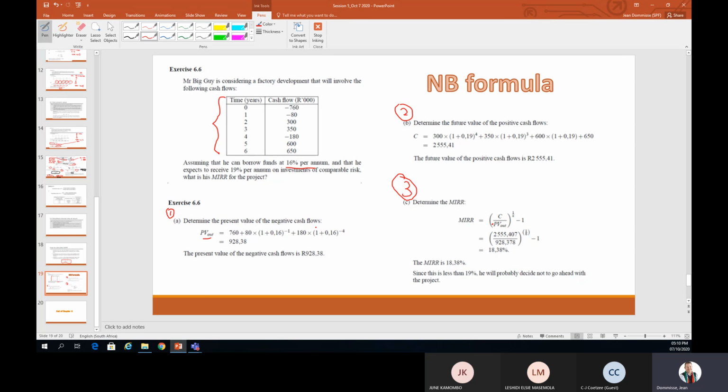Wait, I'm going to try it one more time, because of what the MER does, and I think that is also important. That is the positive flows, and that is the negative flows.